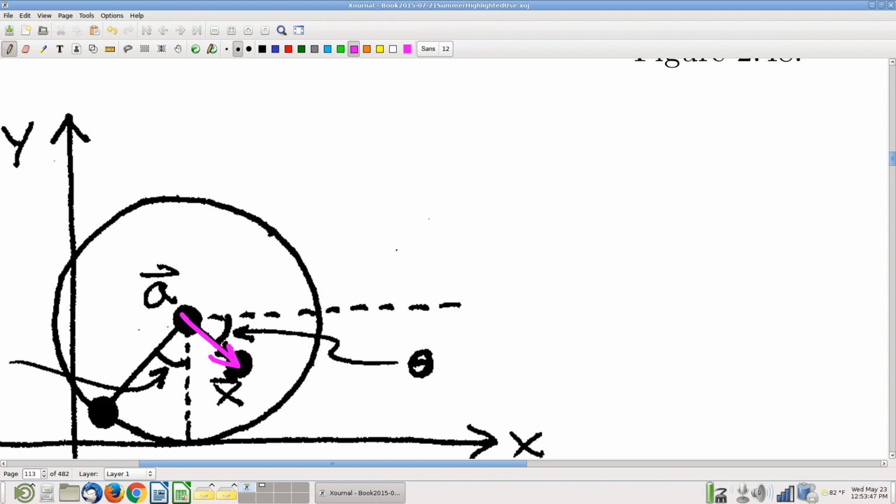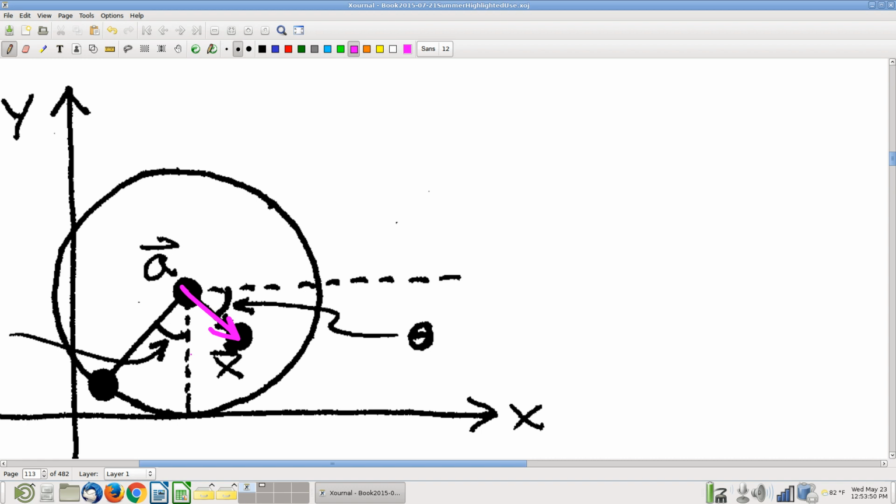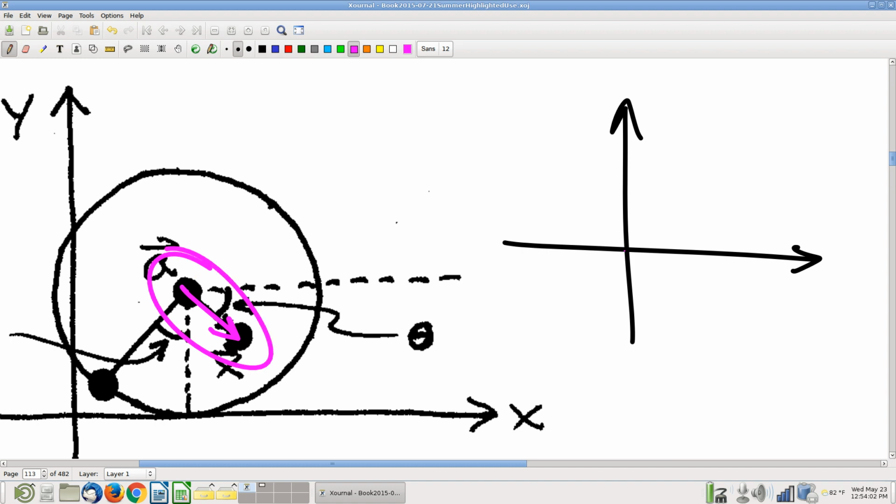So I find it very convenient, in this situation, to draw a new little axis system over here and just reinterpret that vector over there. As the wheel turns, as we drive down the road, this vector that I've put in standard position is just going to rotate around in a circle.